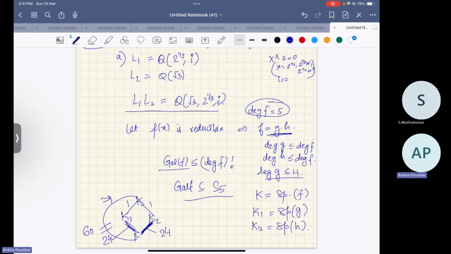So suppose your K over F has at most degree 24. But for the other polynomial, once the degree of G is 4, the degree of H has to be how much? 1 only. Once the degree of H is 1, then the extension field is also degree 1, right?